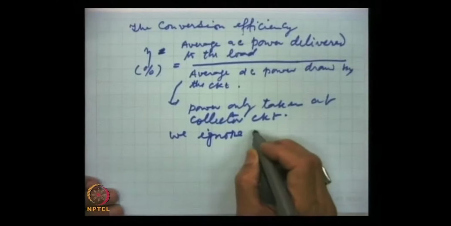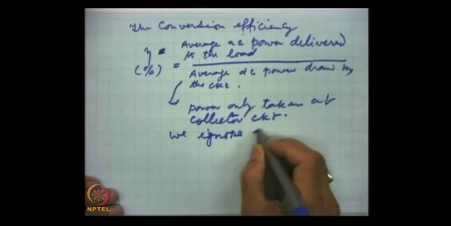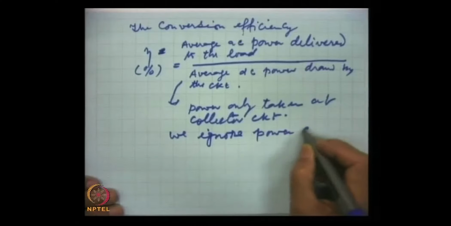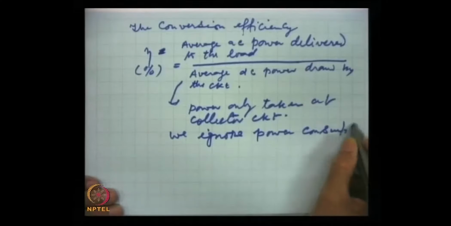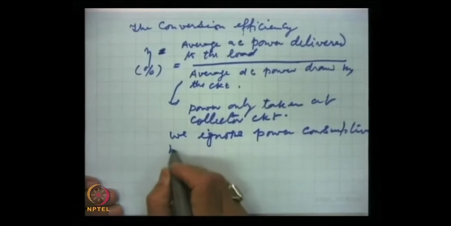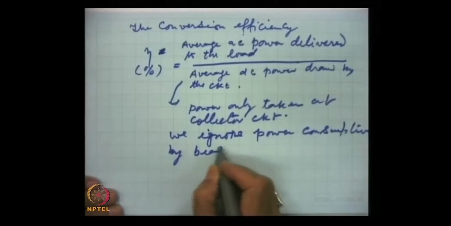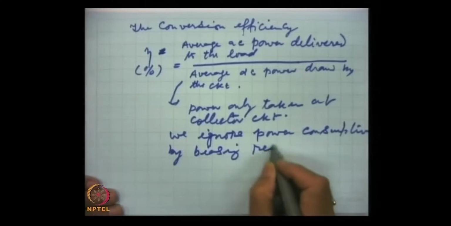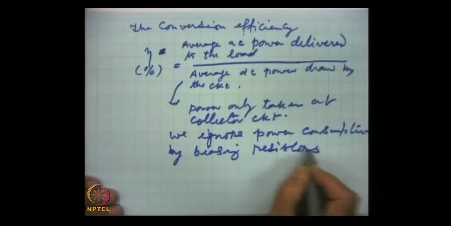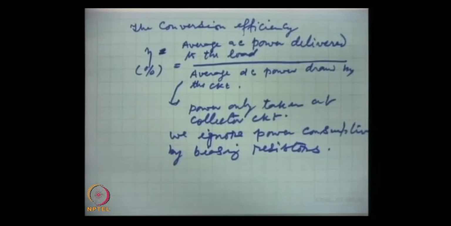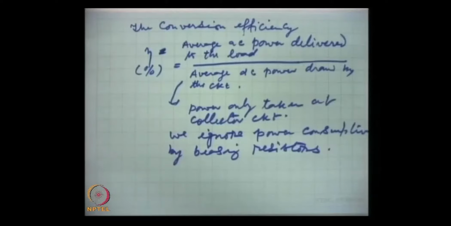We ignore power consumption by the biasing resistors. Always when we take the conversion efficiency, we talk about the average AC power delivered to the load divided by the average DC power taken by the collector circuit.